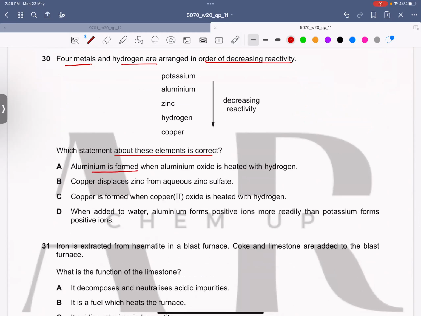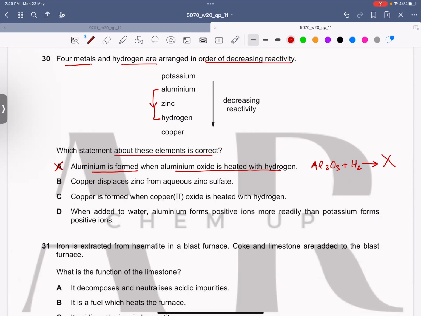Aluminium is formed when aluminium oxide is heated with hydrogen. So aluminium is above and hydrogen is below. So if I heat aluminium oxide with hydrogen, does hydrogen displace it or not? Hydrogen cannot displace it. So no reaction would occur. So statement A is wrong.